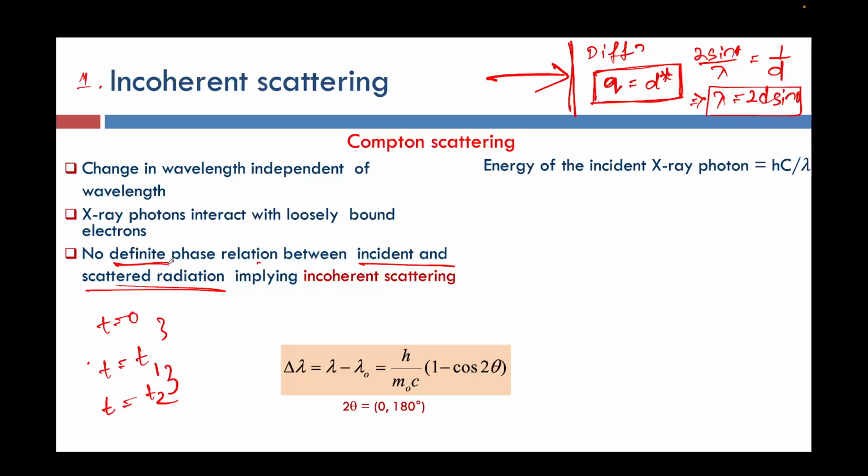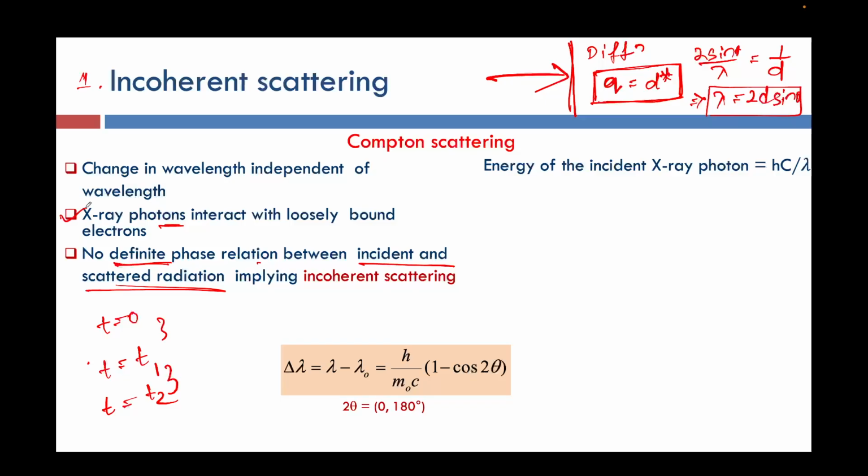And remember, this incoherent scattering is not beneficial to us when we want to analyze our material through X-ray diffraction. What happens when incoherent scattering takes place is that the X-ray photons interact with loosely bound electrons.